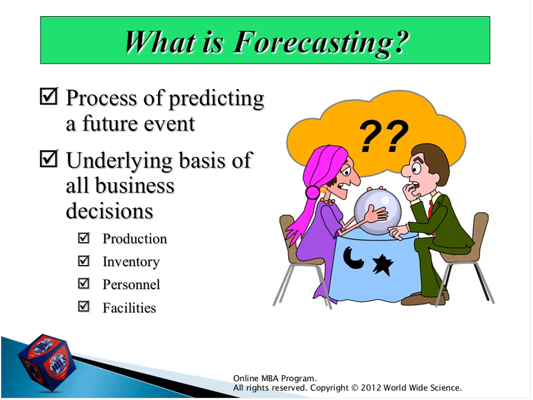Because by use of forecasting, you can estimate a number for your demand, and you can make a better decision, or make a better process to produce a specified quantity.